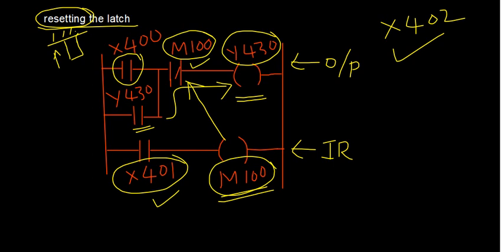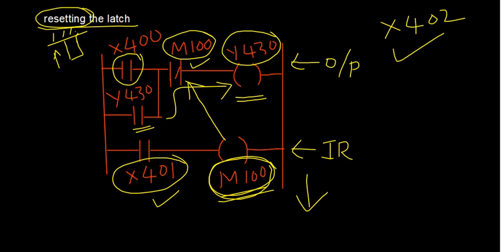In this example that may be true, but when you have different rungs to follow in the subsequent part of the ladder diagram, with the help of only one M100 it is possible for you to activate or deactivate different outputs. That is where the significance of internal relays comes into the picture, as I have already told you in our previous presentation, right? So this is one example for resetting the latch, right?